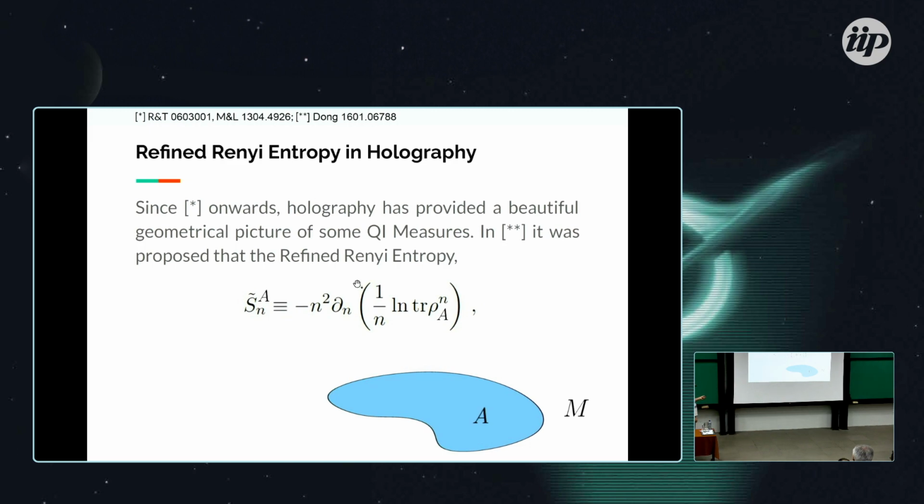Then you can compute this quantity, which is called refined Rényi entropy. If you're more familiar with Rényi entropies, as Alice told us, you can get the traditional Rényi entropy from integration on this equation and go back and forth between these informations.